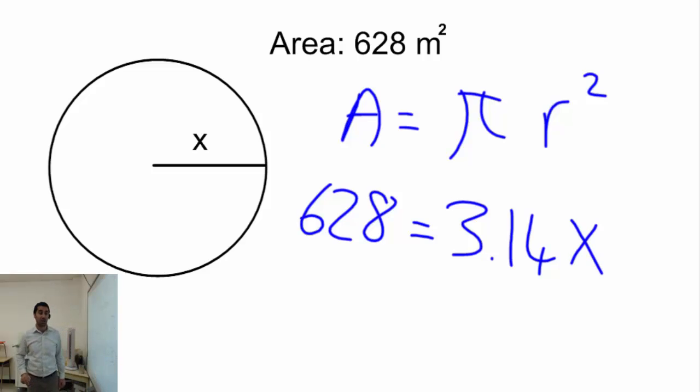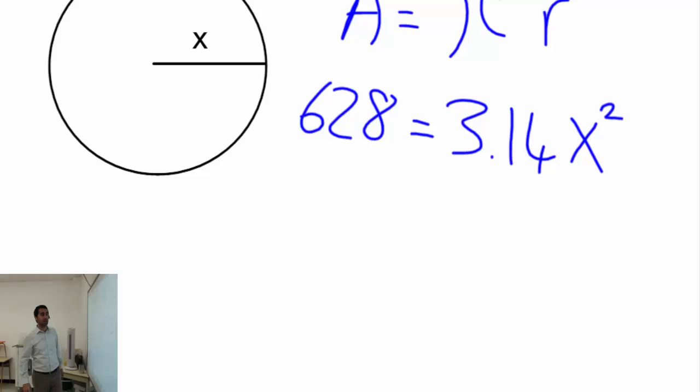Let's keep it x. Now, please do not forget, instead of r, I did write down x, but on top of the letter r, we have the square, so I must place that here in the formula as well. It's supposed to be x squared. I am following the formula here. Let's just keep going. There is nothing to organize on the right side, so the number 3.14, it's a multiplication on the right side.